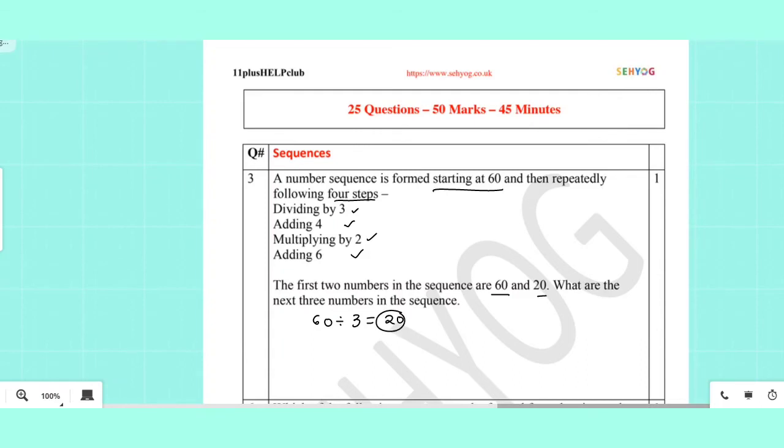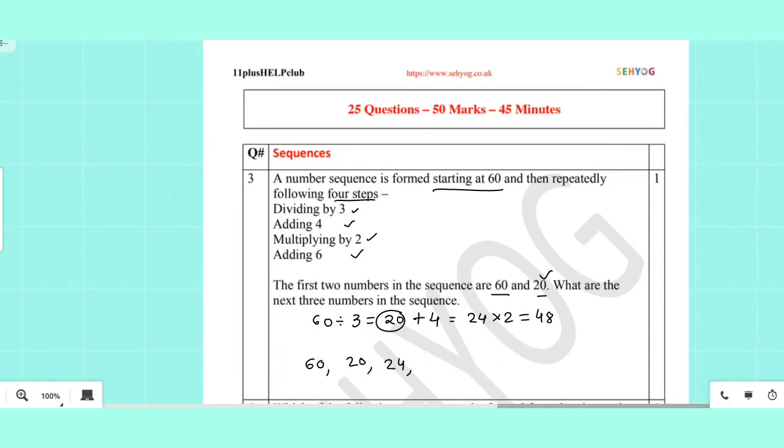So, the third number in the sequence is by adding 4 to this answer. So 20 plus 4, that is 24. So this is our third number. Now the fourth number will be got by multiplying by 2.